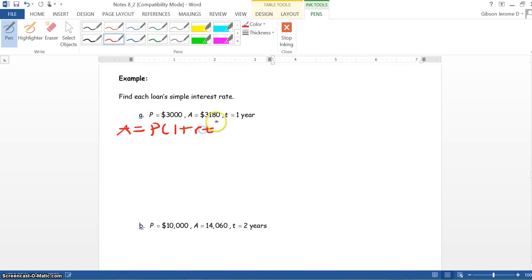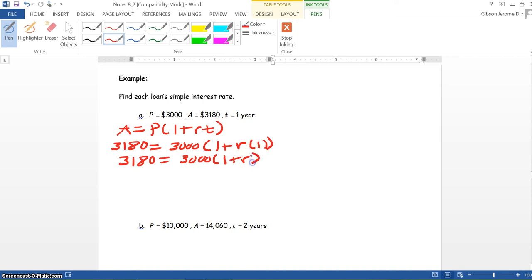So our A here is 3,180, which is equal to our P, 3,000. And we will have 1 plus, now we don't know what our rate is, but we do know our time is 1. So we have 3,180 is equal to 3,000 times 1 plus R.